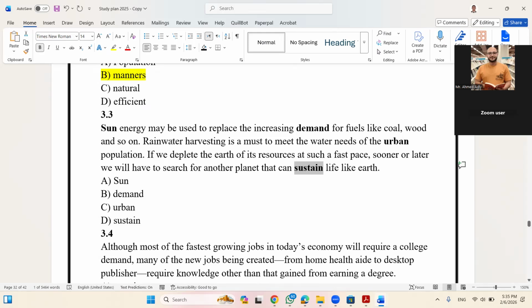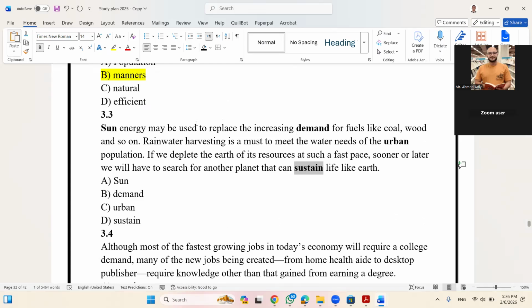Break it down, please. What is it about? It is about Earth resources, water. We're talking about the energy we get from the sun. Sun energy may be used to replace the increasing demands for fuels like coal, wood, and so on.